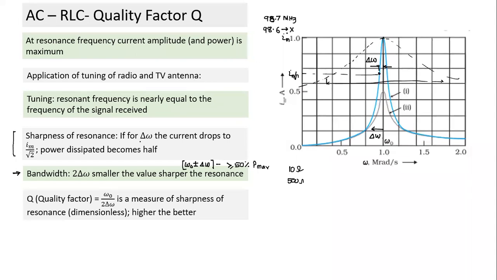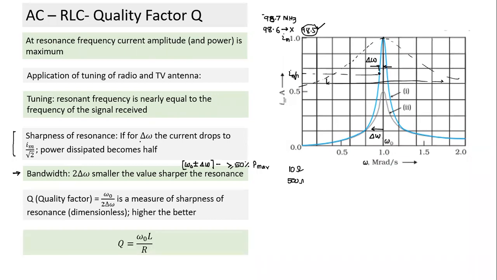In that case, I can assign 98.5 to some other radio operator. So the intensity should lie within a very narrow band, meaning the bandwidth should be very small. If bandwidth is small, the quality factor should be as high as possible. The higher, the better.